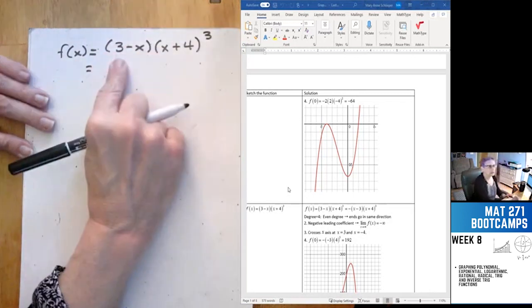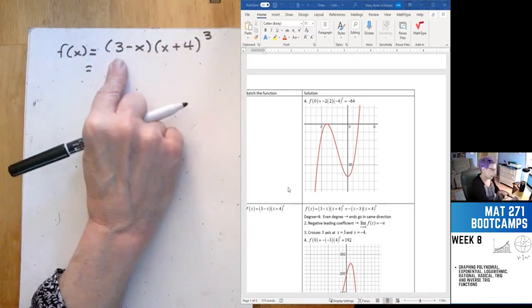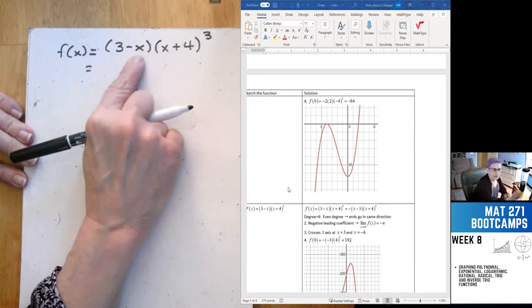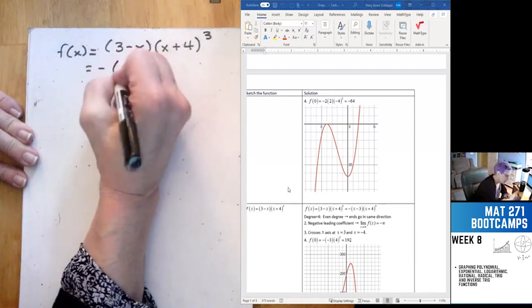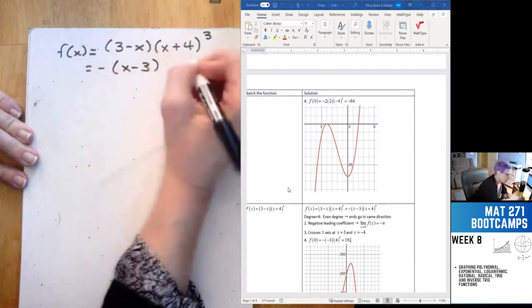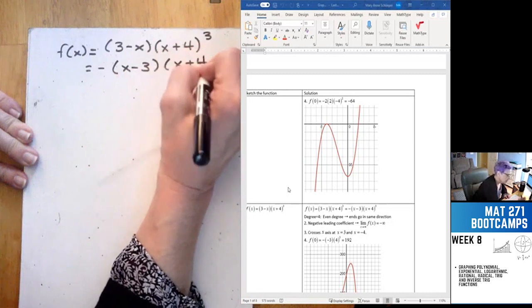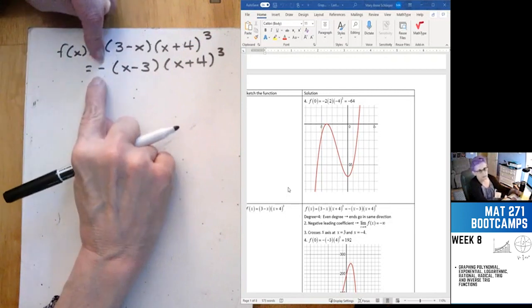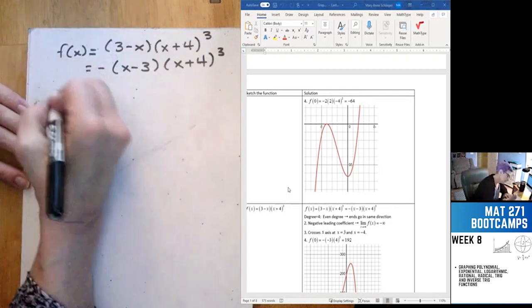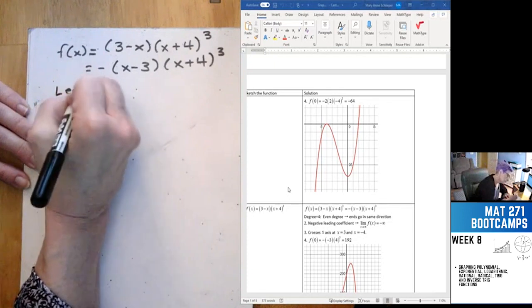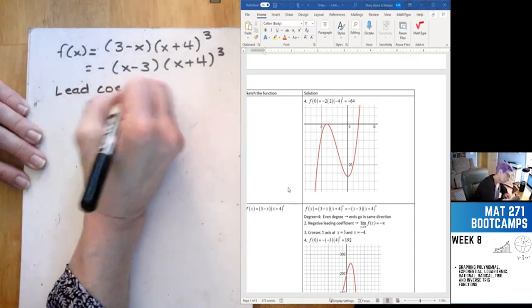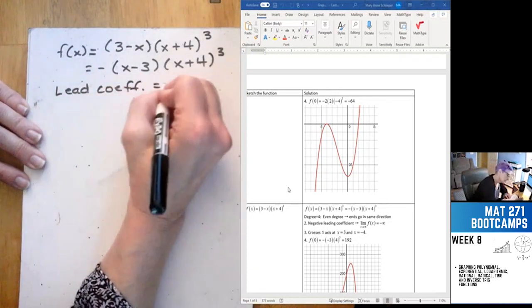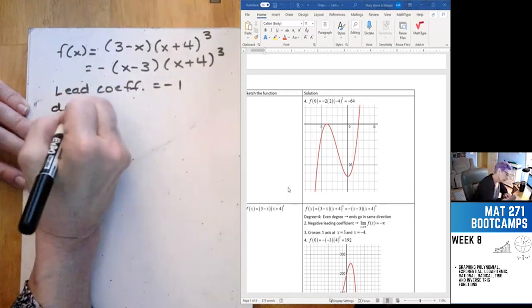You need to acknowledge the fact that 3 minus x is the negative of x minus 3. So this one has a hidden leading coefficient of -1. Degree is 4.